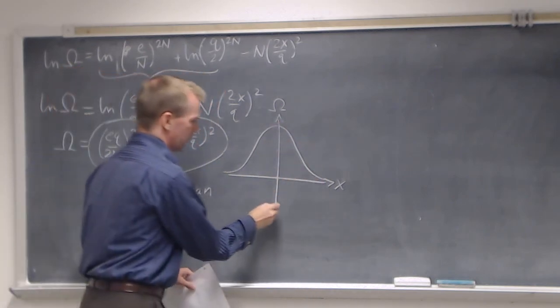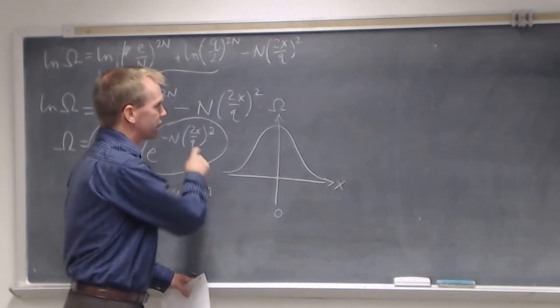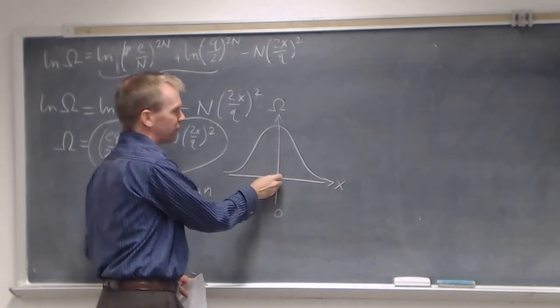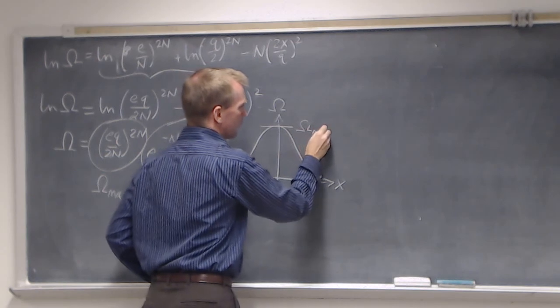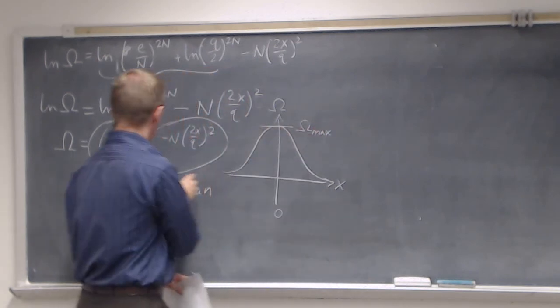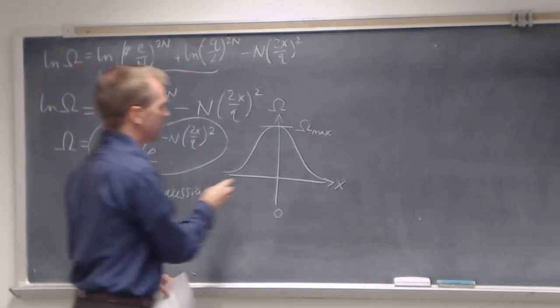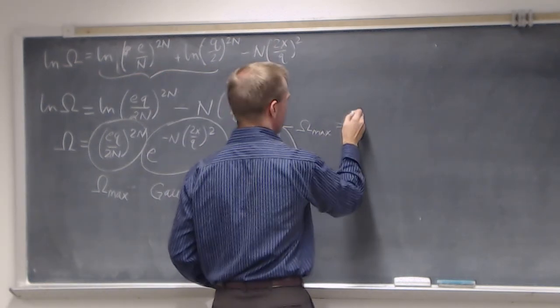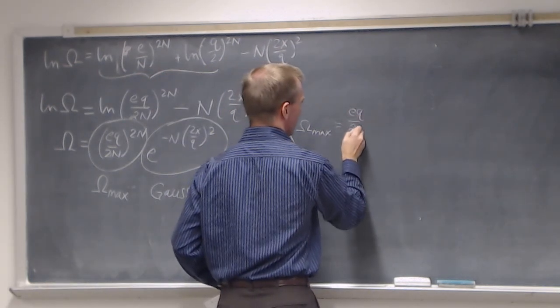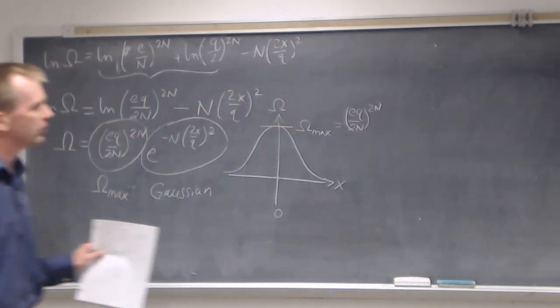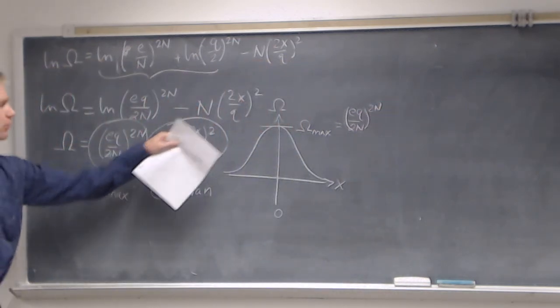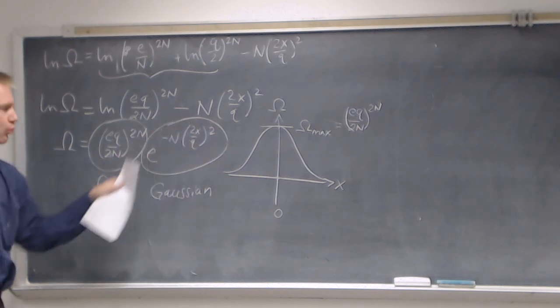So as a function of x, the multiplicity peaks at x equals 0. And the maximum value is this first term here, because where x is 0, e to this term here is 1.